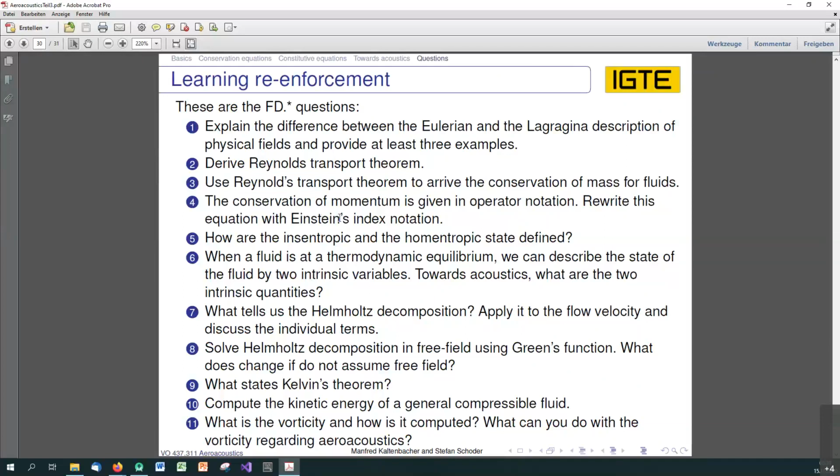Rewrite this equation with Einstein's index notation. Look the conservation of momentum up in your lecture notes, and I will get into details afterwards about what Einstein's index notation and operator notation are.